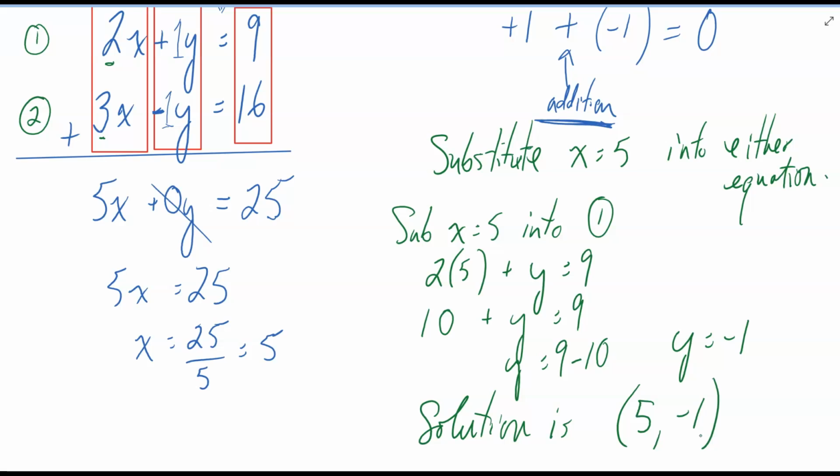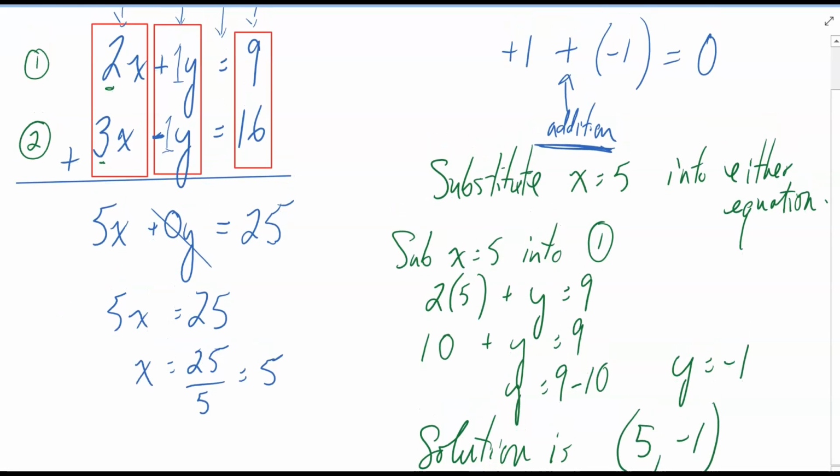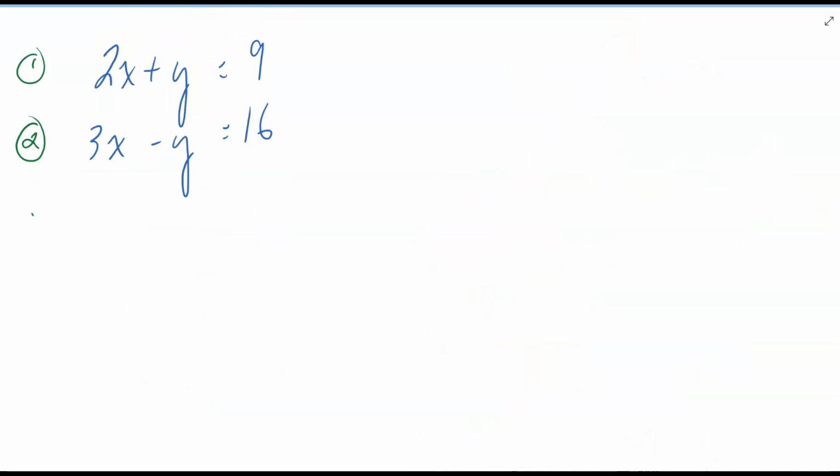If you didn't want to use a substitution method, we'll need to take a look at how to eliminate the x terms and leave just y's. So let's do that. Now here we are with the equations rewritten again.